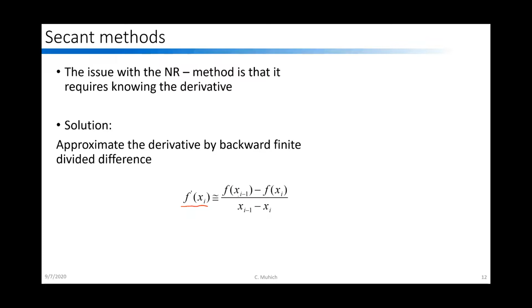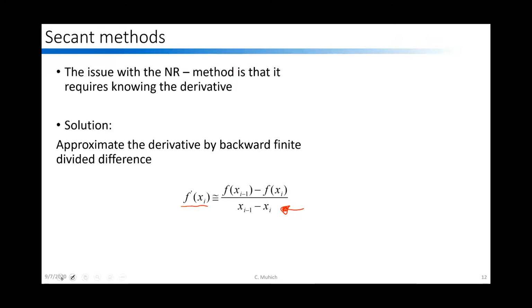So maybe f of x_{i-1}, the function value at the previous step, minus the current function value, over x_{i-1} minus x_i. The reason this is approximate is because the derivative only occurs when the difference between these two goes to 0. But this should give us a decent estimate for what that derivative is.